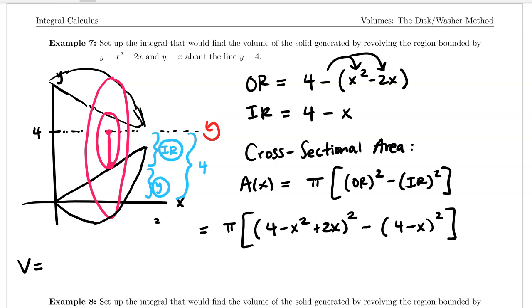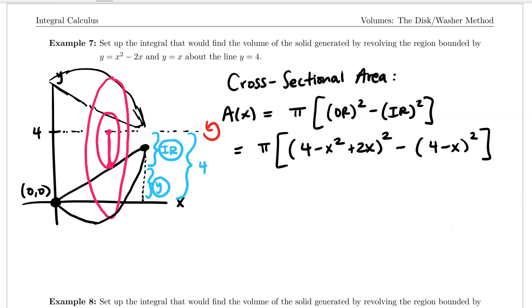My left boundary, or this ordered pair, is the origin, so that's going to be 0, 0. I still haven't found what the other ordered pair is, and I need to do that because I need to come up with my limits of integration. So let's go ahead and do that.